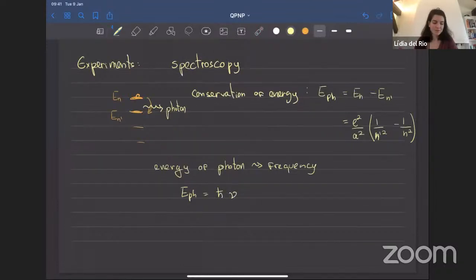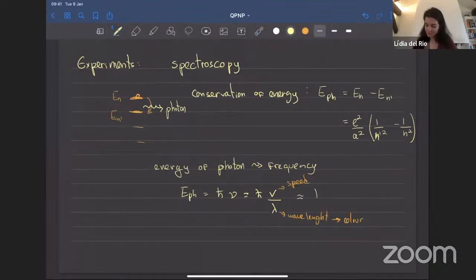We don't observe the frequency directly, but the frequency is nu, which is v, the speed of the photon, over the wavelength. And this is the color, essentially, of the photon.